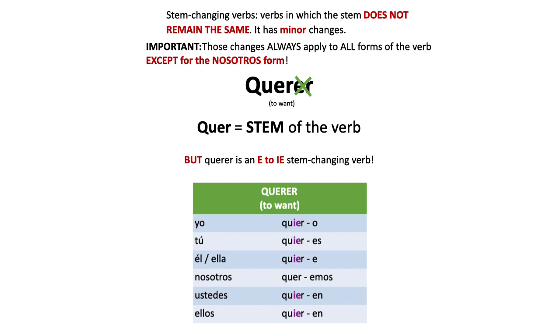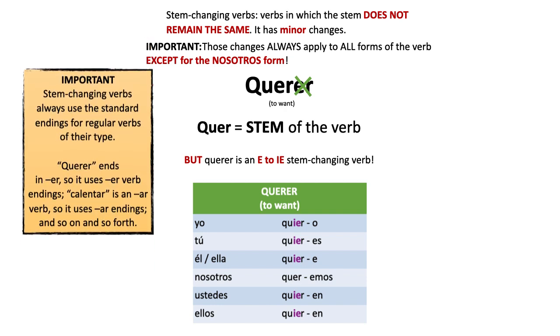What endings are those? You know them. They are the endings for the er verbs, right? For the er verbs. How do I know that those are the endings I need for querer? Well, exactly in the same way that I know this for any other type of regular verb, right? From the ending of the infinitive. The infinitive is querer, it ends in er, so those are the endings I add.